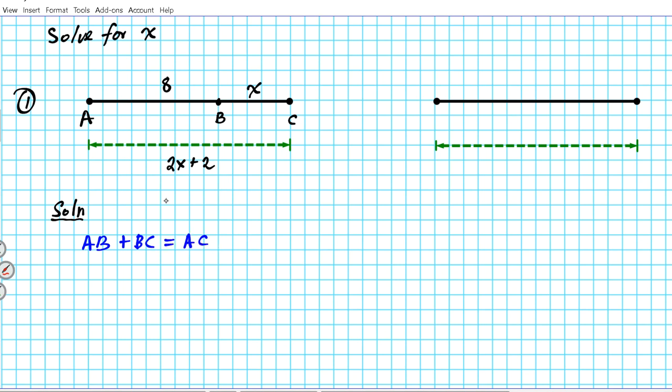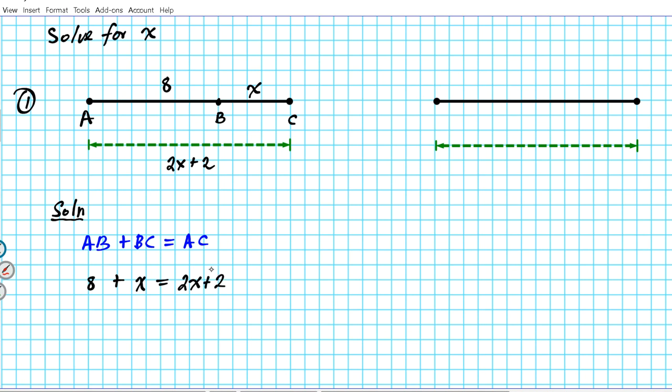Now we're going to substitute the measures of each segment into this equation and then solve for x. We can clearly see that AB is 8 units long, BC is x units long, and AC is the entire length, that is 2x plus 2 units long.